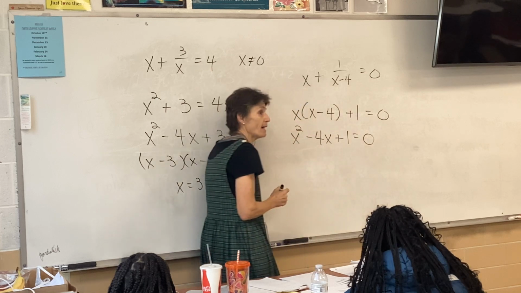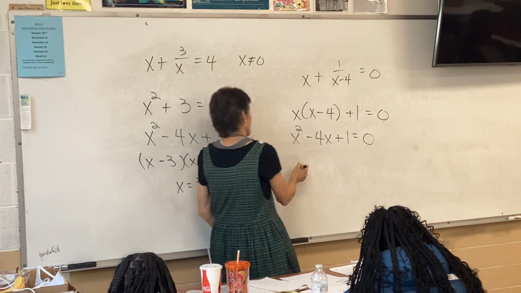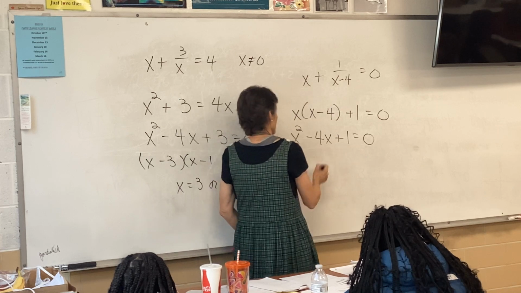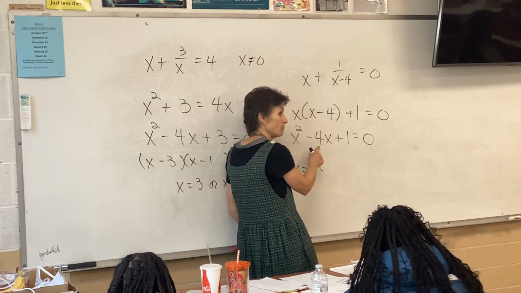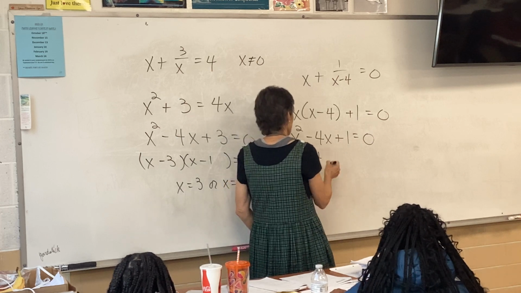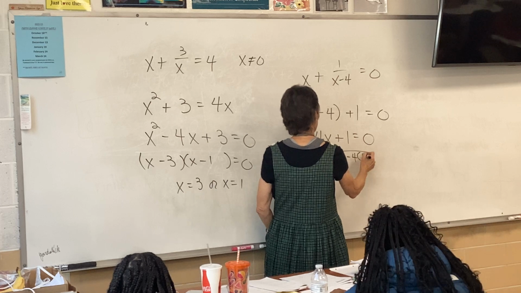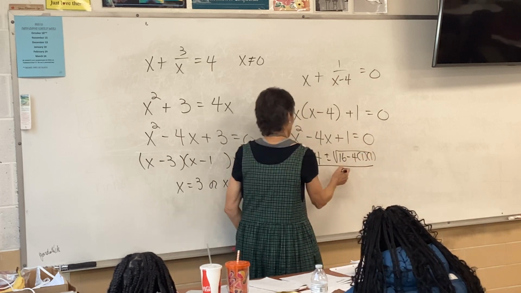There's our quadratic that doesn't factor. So x equals negative b. By the way, you could complete the square on this one if you wanted to. Negative b plus or minus the square root of b squared minus 4ac all over 2a.